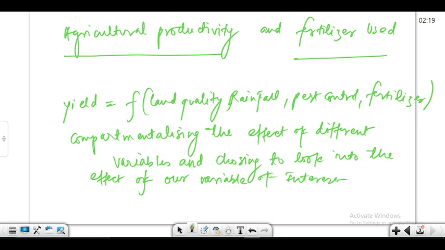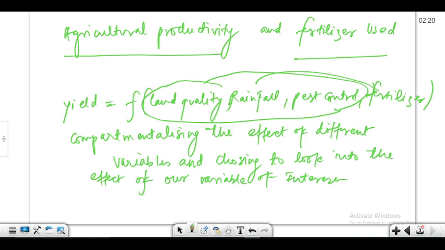When I hold all these other factors fixed, the only thing I'm changing is the amount of fertilizer. Based on that change, my yield is also getting affected, so I'm able to calculate the impact of fertilizer change on the yield from a plot of land. Having fixed these other factors allows me to see the impact of the factor of my interest.